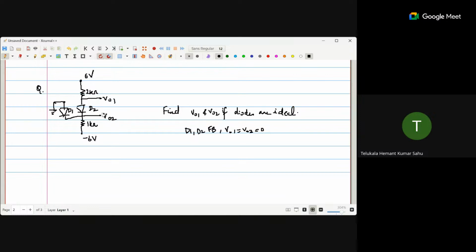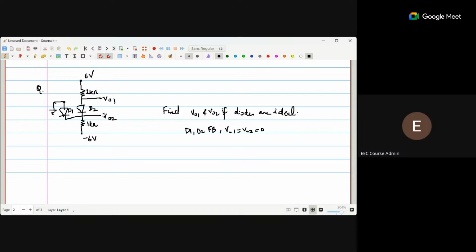But as for the previous example, we always consider the maximum value of the cathode voltage. So according to that, 0 volt we have chosen, ma'am. Minus 2 also.